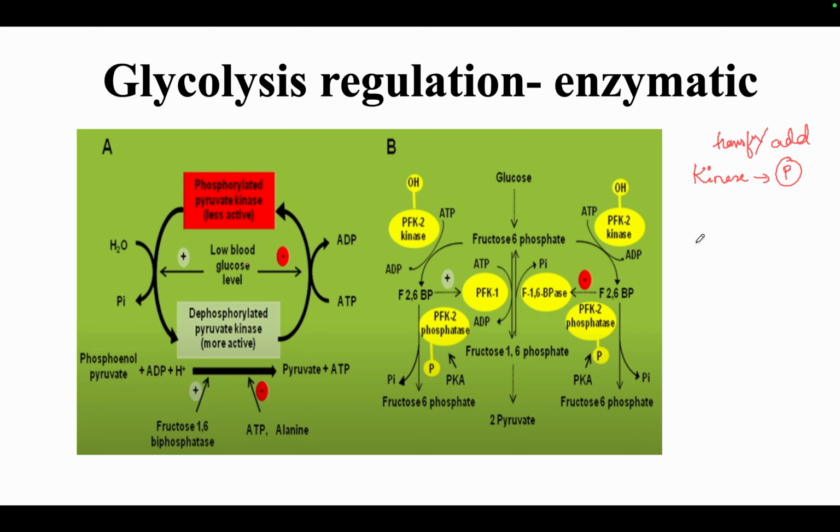And we have a phosphatase enzyme, and this phosphatase enzyme will remove the phosphate group and maintain the fructose 6 phosphate level. So as you can see, this enzyme is removing the phosphate group, and thus it is converting back.